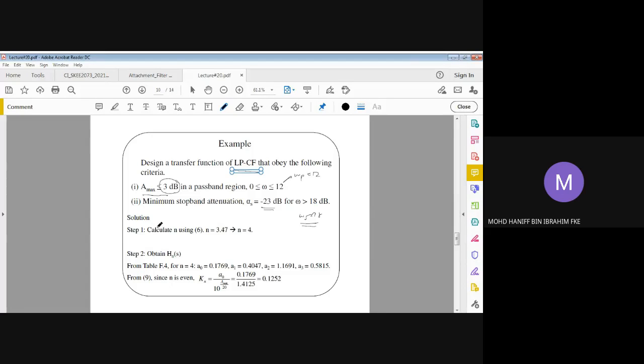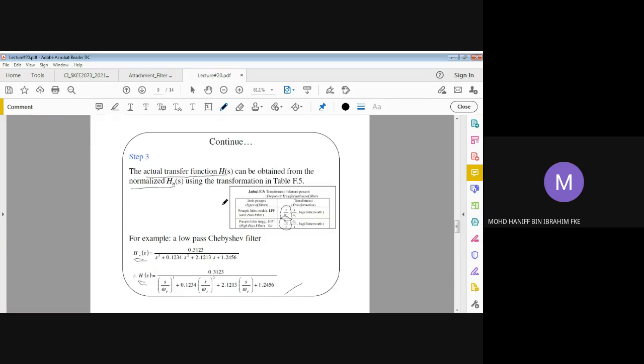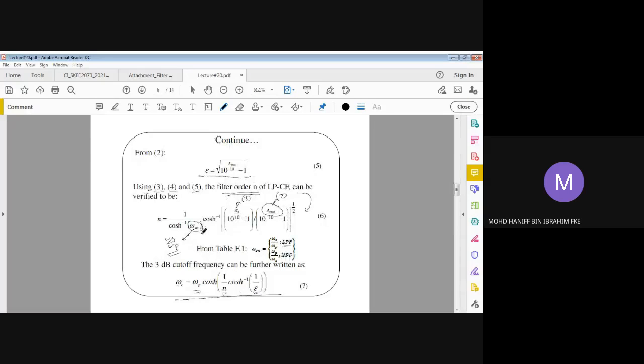Okay, so as usual, because you need to design a transfer function, the first step is that you need to calculate the filter order n. By putting in all the information based on equation 6 just now, you need to substitute, because for the case of low pass filter, omega_Sn should be omega_S over omega_P.